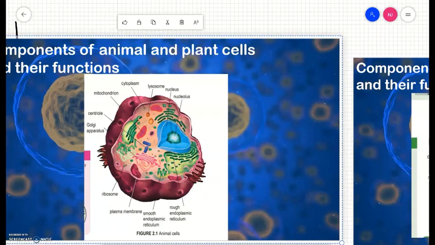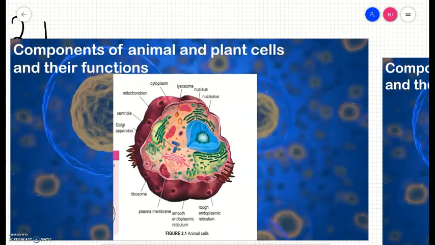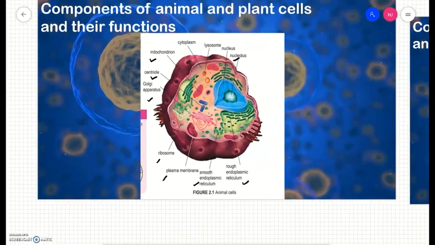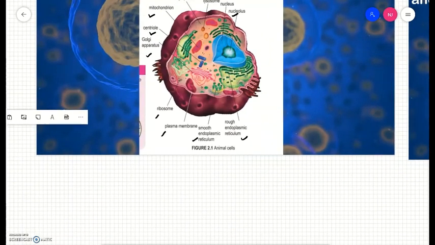This is cytoplasm, lysosome, nucleus, nucleolus, rough endoplasmic reticulum, smooth endoplasmic reticulum, plasma membrane, ribosome, Golgi apparatus, centriole, and mitochondria. Now what we are going to do is draw and elaborate the structure and the function.